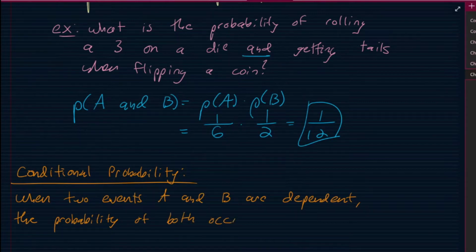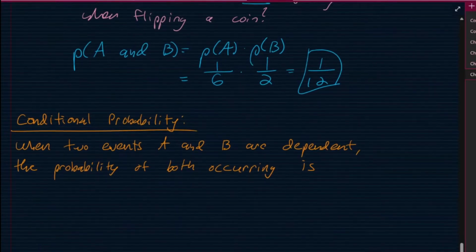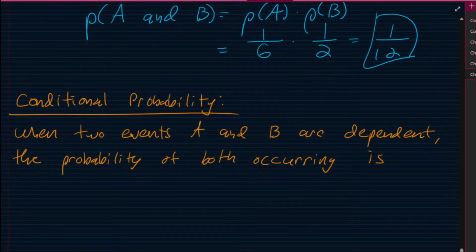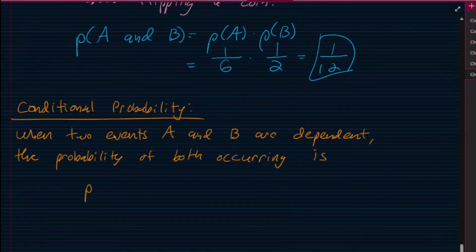is, so this formula is a bit tougher. It does have some weird notation. It's probability of A and B is equal to the probability of A times the probability of B given A. That's how we say this, basically.